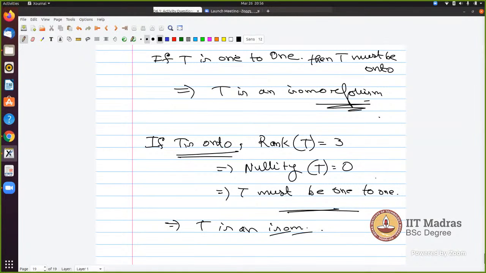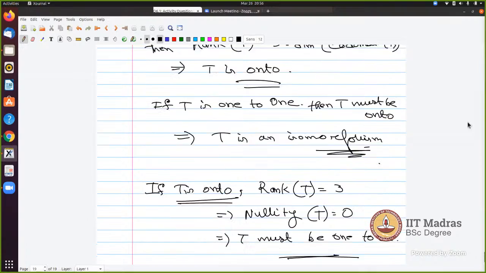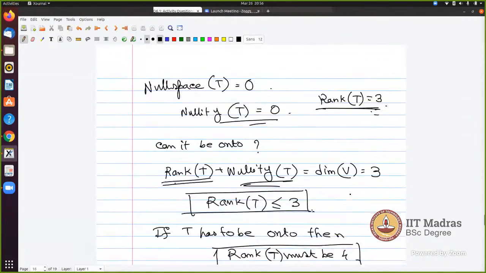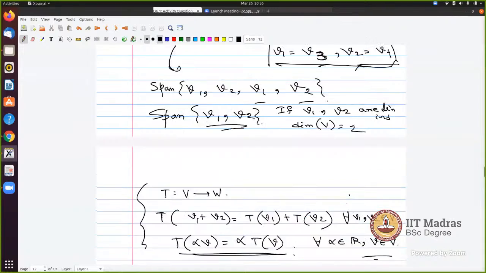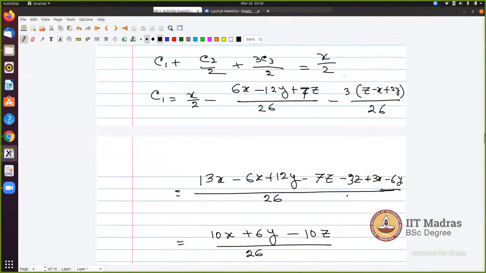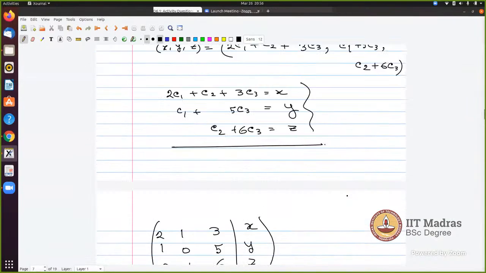Sir, can you please go to that transformation where you have given the basis, you have given the image of the basis and transformed it. Please scroll up, sir. This one, right? Yes, sir.